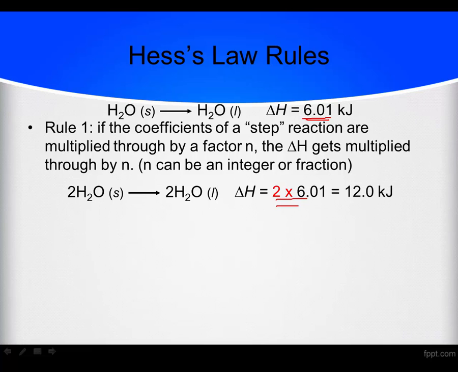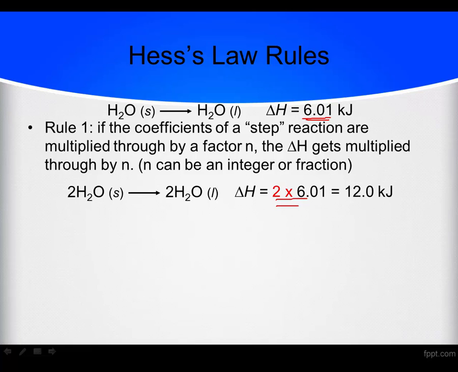All right, so in simpler terms, if I multiply all the coefficients by a number, I need to multiply the delta H by the same number. In the example here, I multiplied all of the coefficients that were in the previous problem by 2, right? So I got 2 H2O solids yields 2 H2O liquids with an enthalpy of 2 times 6, which is 12 kilojoules.